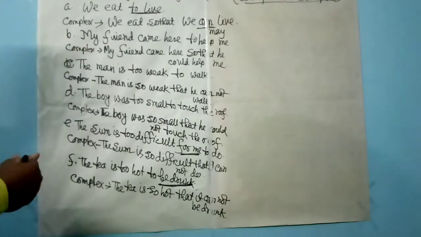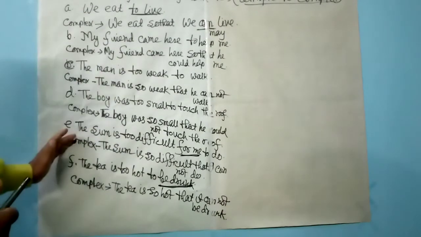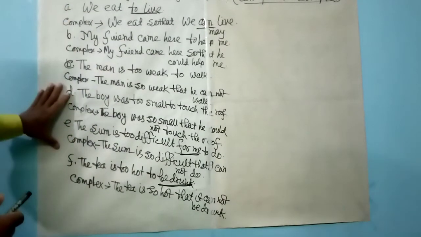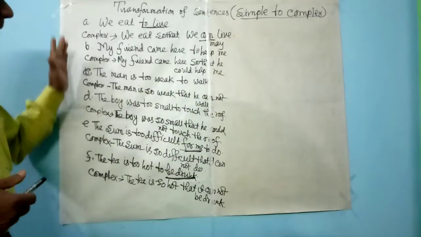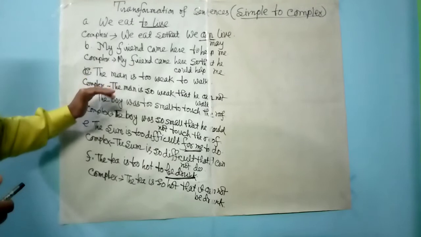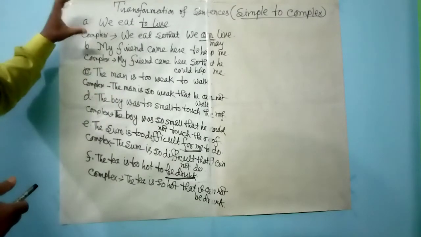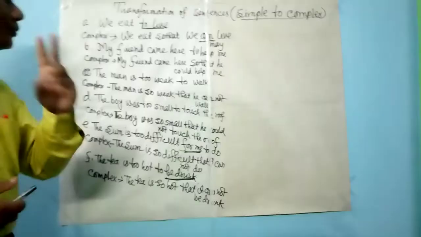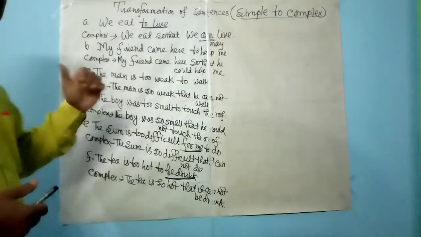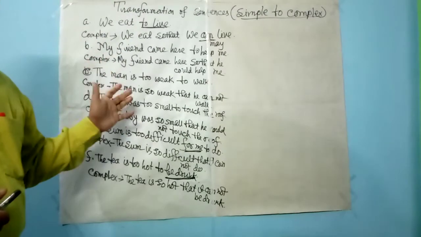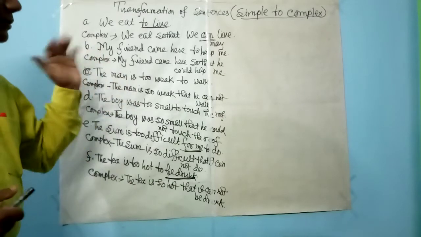So here you see the structure of the simple sentences, and you also saw the way of making them complex. So here we find rules. One is infinitive, and then another is 2 dot dot 2.